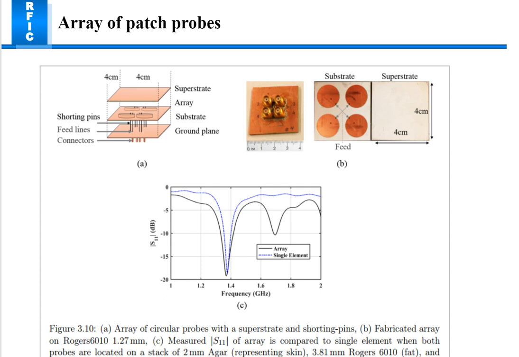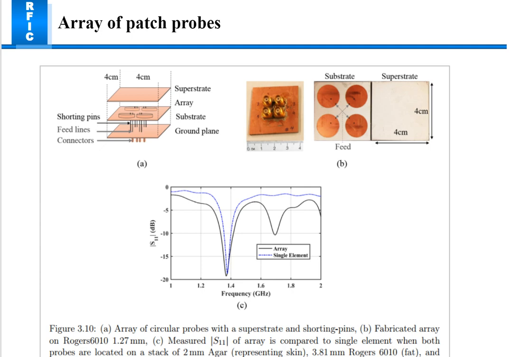The measurement of the array is compared to a single element when both probes are located on the stack of 2 mm skin, 3.81 mm fat and muscle.